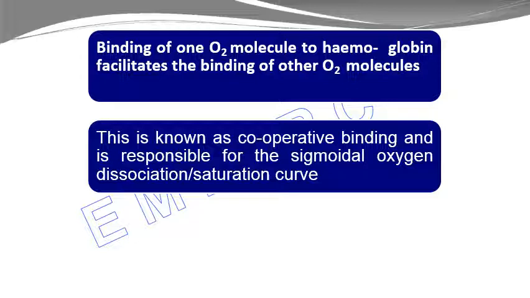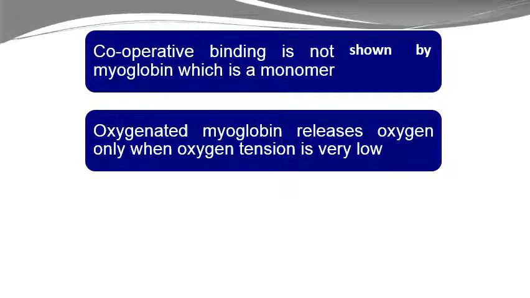When you check the oxygen dissociation curve, if you have learned already in physiology, you'll see that the oxygen dissociation curve is in a sigmoid shape, something like an S. That is because of this cooperative binding of the oxygen atom. Something like this. The cooperative binding is not shown by myoglobin, however.